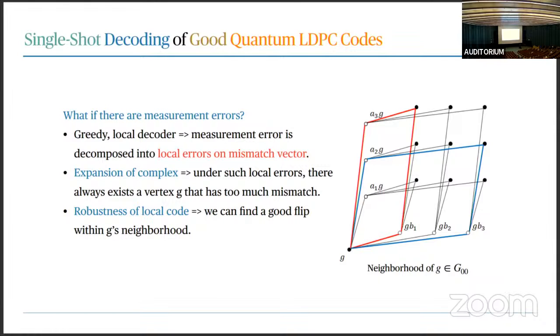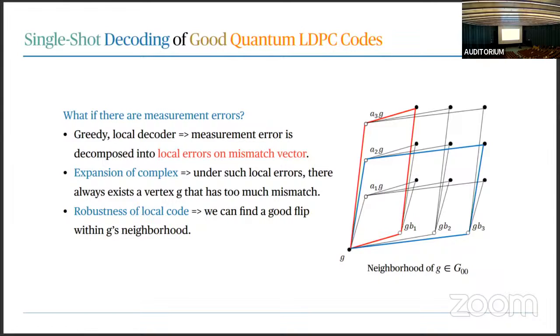So I'm really going to sketch this argument just like this, in the sense that when you're hit with measurement error in these quantum Tanner codes, you edit the decoder so that you take account of this measurement error and decompose it into local errors on the mismatch vector.